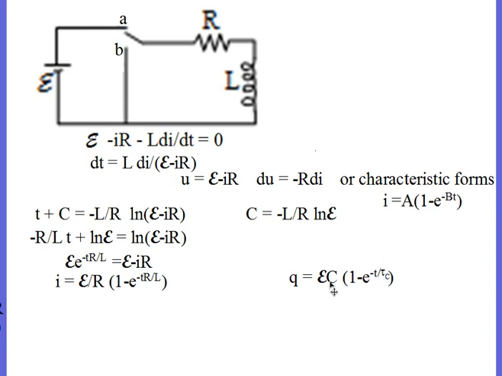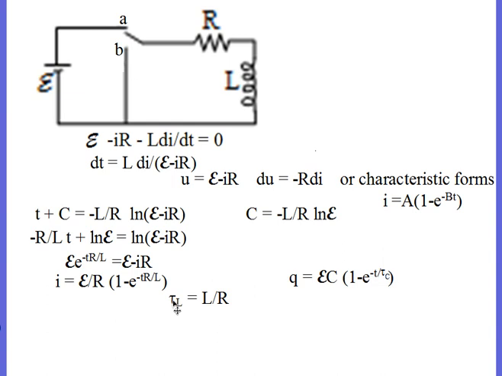Notice that there's a little difference here. There it was EMF times the capacitance, because that gives you the right dimensions for Q, and here it's EMF divided by R. That gets you the right dimensions for I, and then this curious term here. Of course, we'll take this negative t over L over R, and we'll take that L over R and call it the inductive time constant.